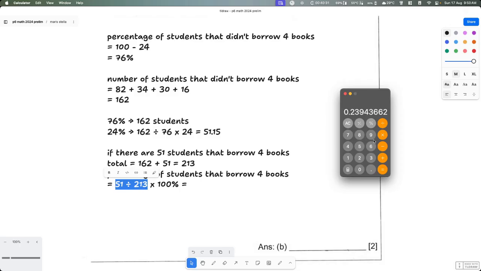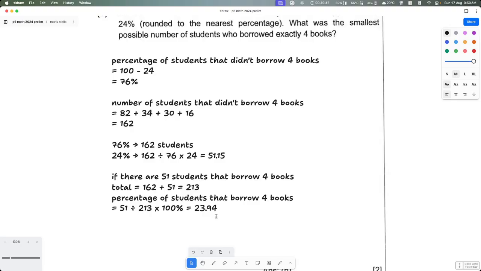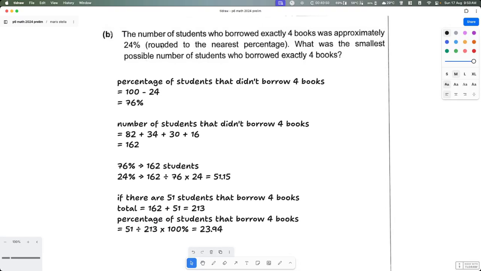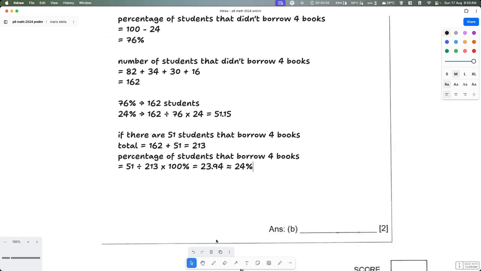So 51 divided by 213 times 100 is 23.94. So this will round to the nearest percentage, 24%.